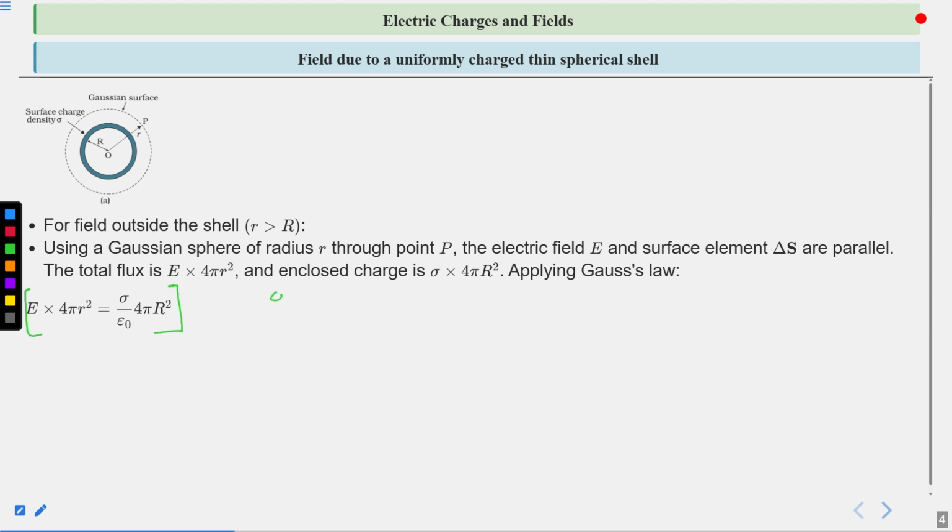So we know phi is equal to what? The total charge enclosed by the closed surface divided by epsilon naught. And Q enclosed is what?